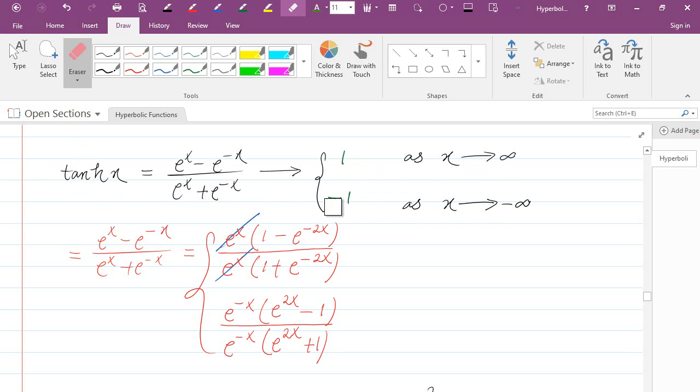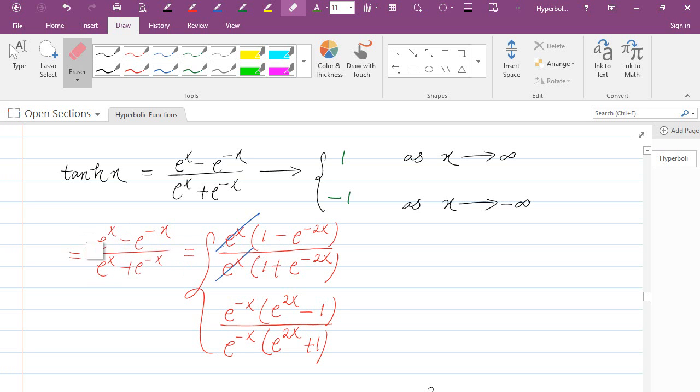So the way to see it is that I have this e to the x minus e to the minus x over e to the x plus e to the minus x. That's the hyperbolic tangent function. I'm going to factor out e to the x from the numerator, and also factor out e to the x from the denominator. And if I do that, I get e to the x times 1 minus e to the negative 2x. So when you factor out e to the x from the numerator, you have to multiply each term by e to the minus x.